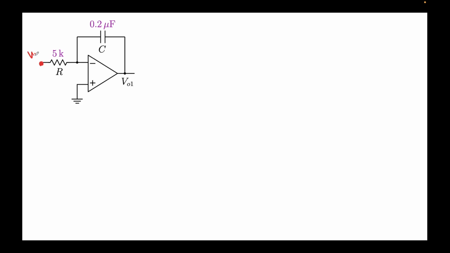Now let's look at the integrator circuit. So remember, this was V02. This is the output V01 over here. So this we know is an integrator circuit. And we also know that V02 looks something like this. I'll draw V02 over here.